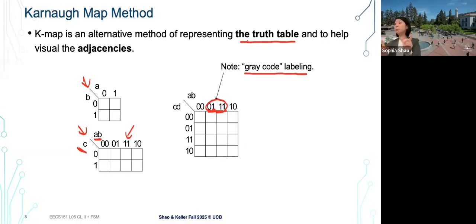So here we can apply simplification to eliminate one variable. You don't want two variables changing simultaneously, because then you cannot do the elimination. So very importantly, when you have more than one variable, we use gray code so that we can eliminate one variable while the other variable is shared across the adjacent cells.